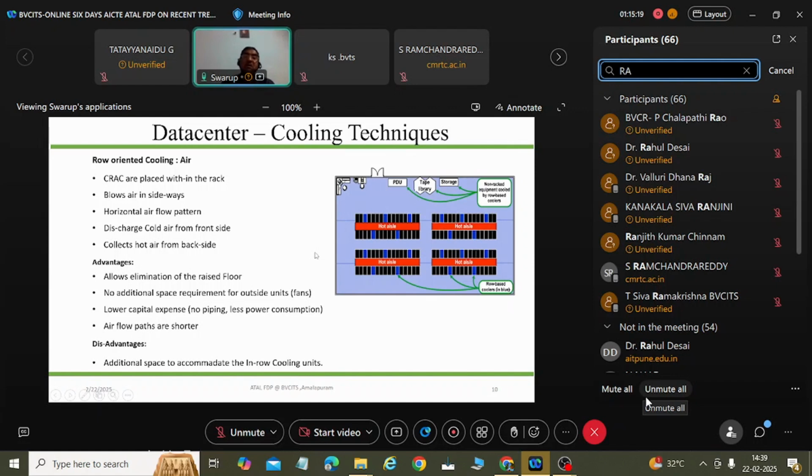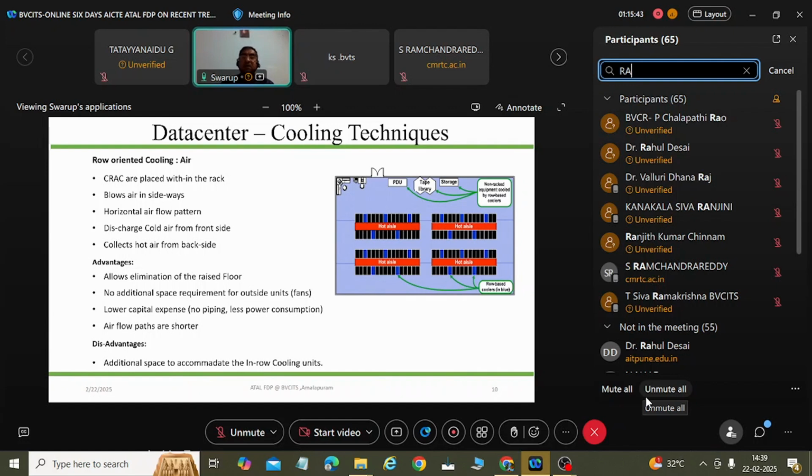What is the principle here? The principle is that whatever heat you are generating, the closer you go to the heat source, the more easily you can cool it. Instead of cooling from outside, if I'm throwing air, it is not exactly starting where the heat is generated.